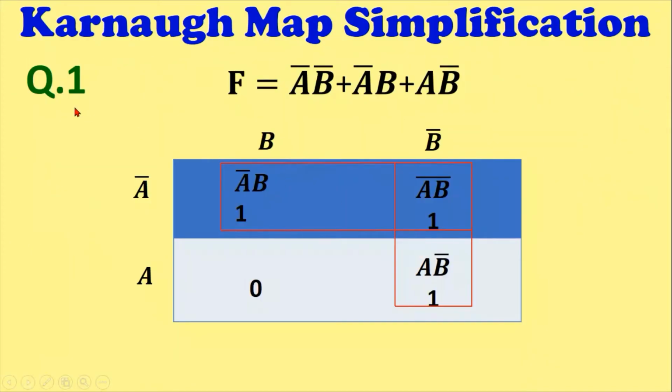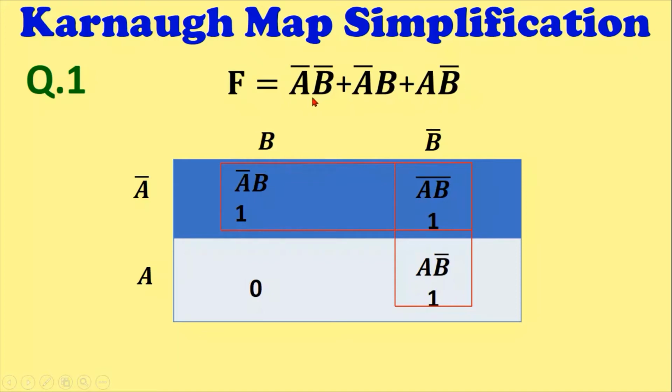Okay students, we have question number 1, a Boolean function f is equal to a bar b bar, means a complement b complement, plus a bar b, means a complement and b, plus a b bar.